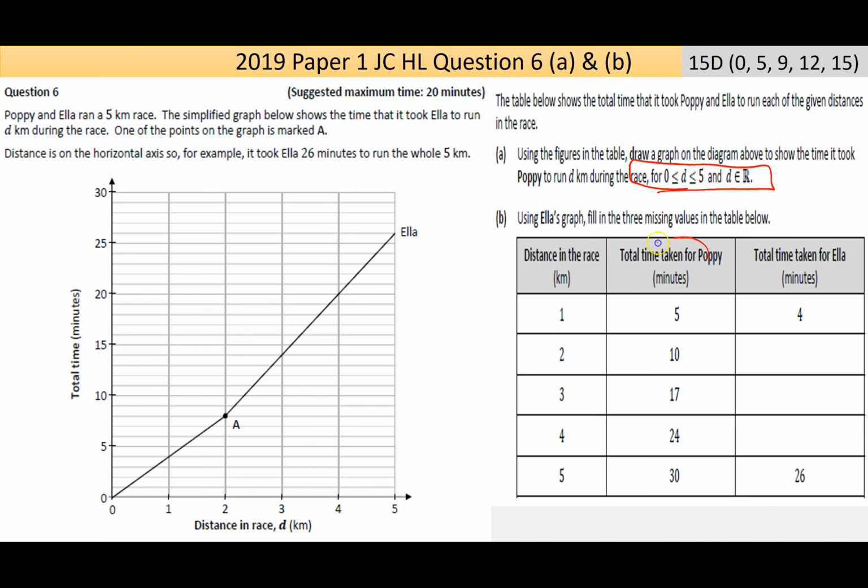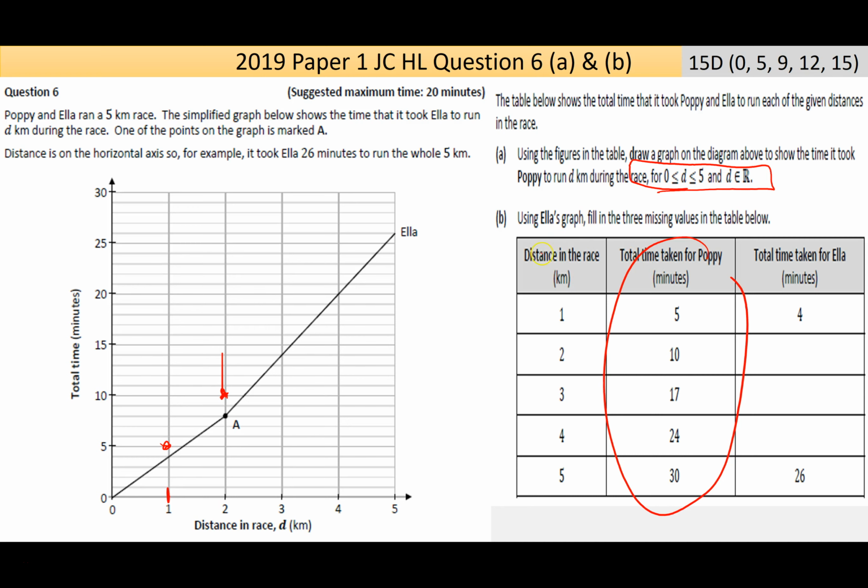So we're trying to graph what happened to Poppy. After 1 kilometer she had taken 5 minutes, which is that point there. Then 2 is equivalent to 10. So it's basically plotting the values of d versus time.